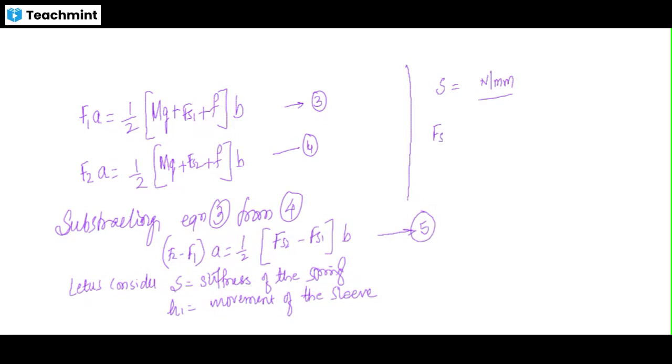Now Fs2 minus Fs1 is equal to H1 into S. If you substitute in our equation, Fs2 minus Fs1 equal to H1 S equals 2A divided by B in bracket F2 minus F1.